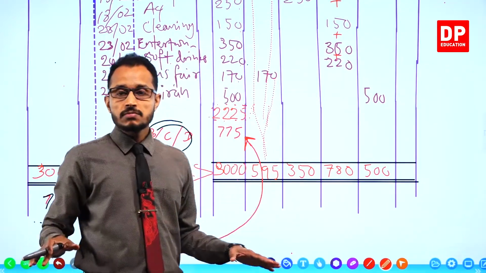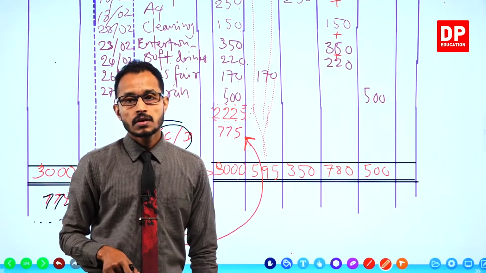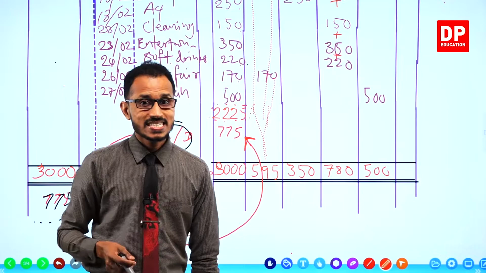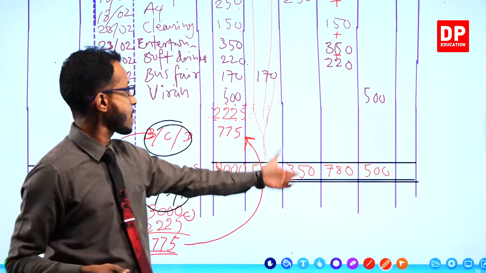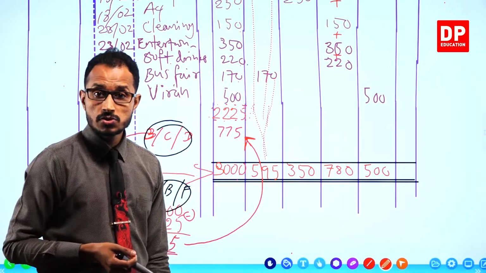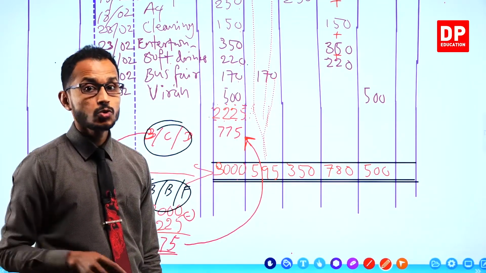Children, we are almost done. We are done with the petty cash book actually. But drawing the ledger accounts, the relevant ledger accounts, is yet to be done.